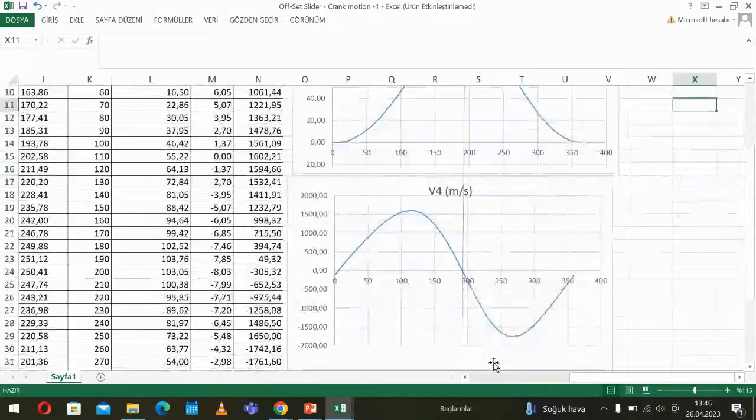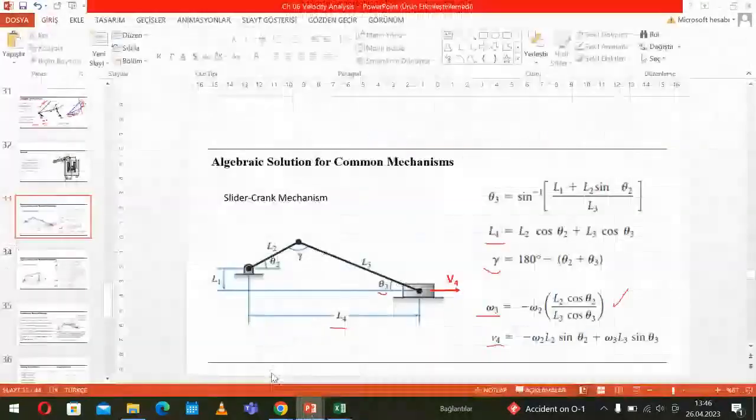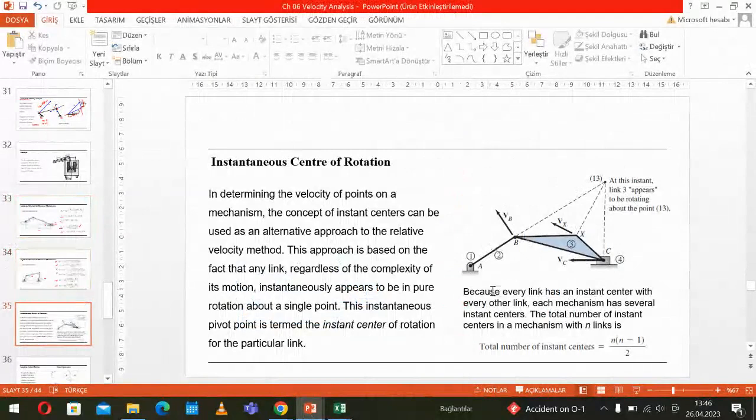And after arriving at the final position of the slider, the speed also gets to 0. Okay, so you can also use that to calculate.